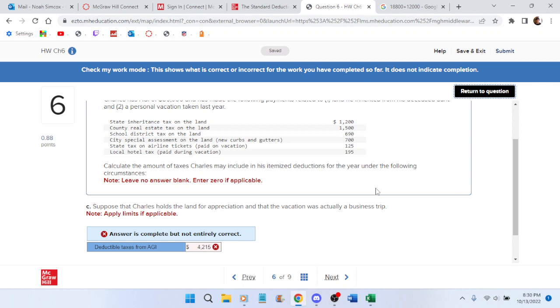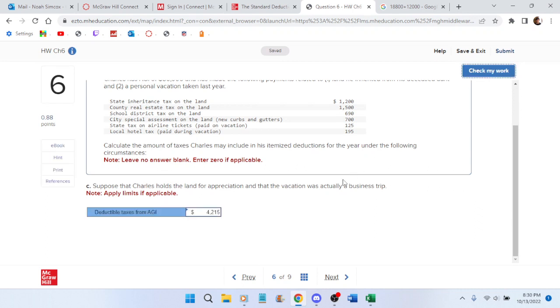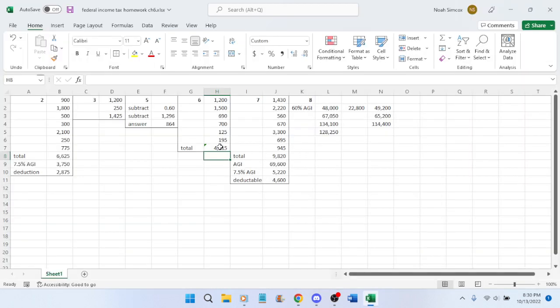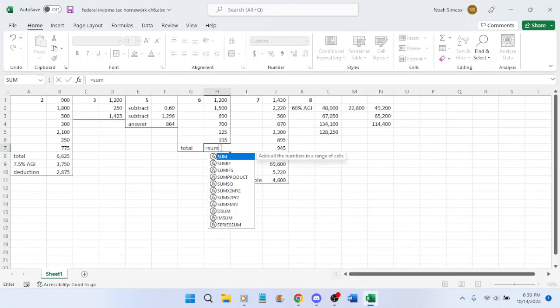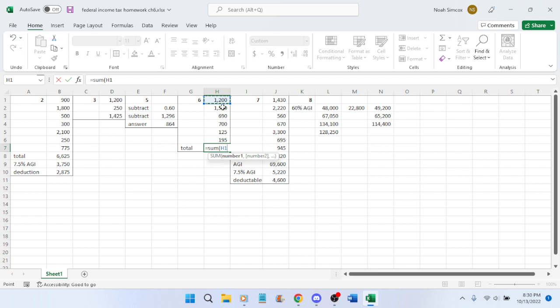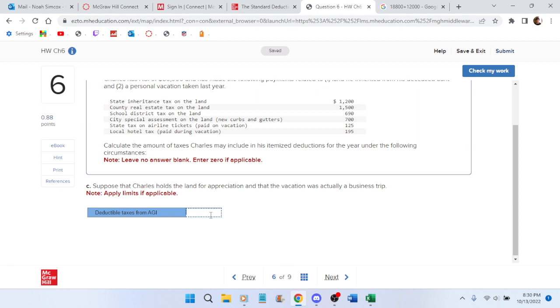It's so hilarious how I've tried so many combinations and I still can't get the right answer. Let's try all of them except for the last one and the 700. Equals some of this, and this. 3515.